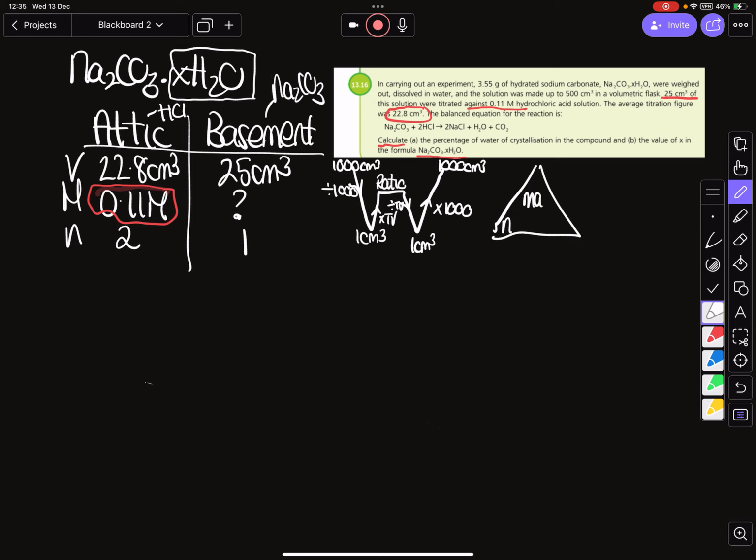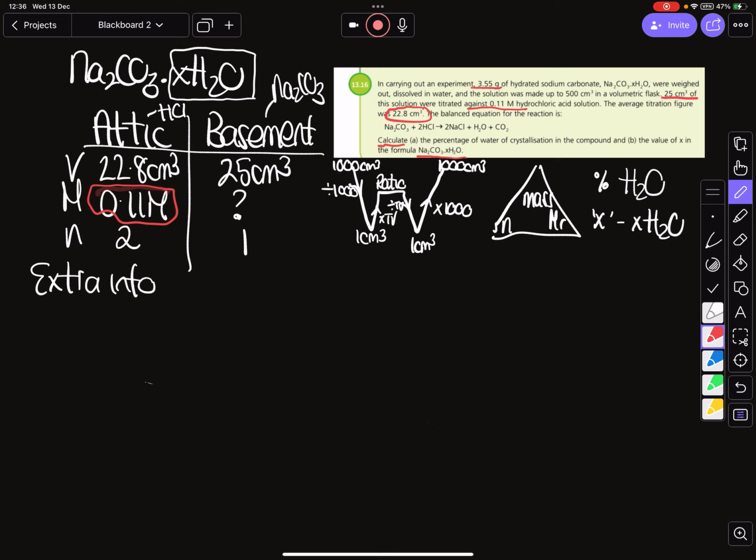We will be using our mass triangle at some point, and this has 2 extra pieces of maths. We have to work out the percentage of water and the value of X in XH2O. So what's the ratio of those? There will always be extra information in a question, so you need to read through it to figure out what that is.